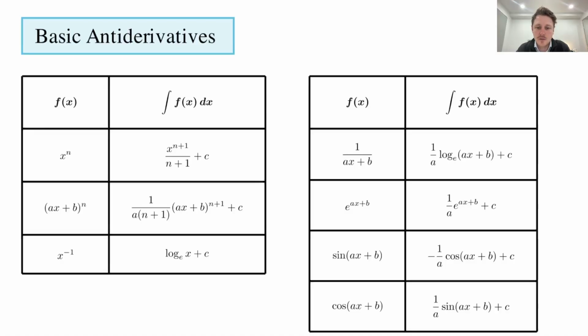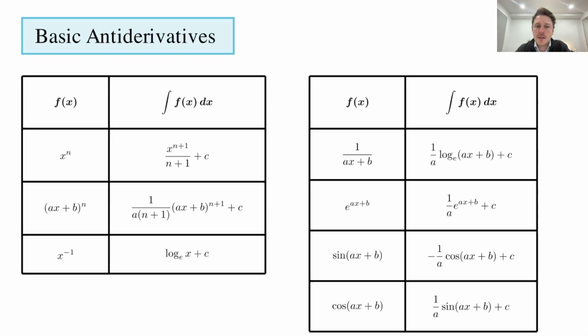These are a bunch of different rules that tell you how to find the antiderivative of a function. So if f of x, for example, is equal to x to the n, then the antiderivative of that is equal to x to the n plus 1 over n plus 1 plus c. I'm not going to go through all of them, but that's the sort of prerequisite knowledge we're going to need in order to understand more challenging integration techniques that we'll come across soon.